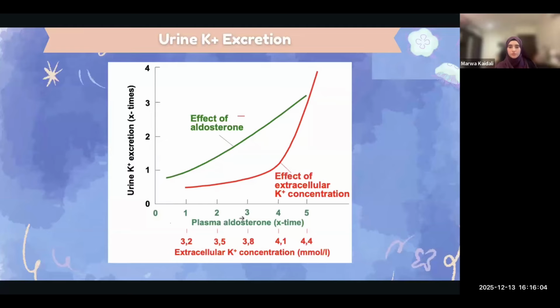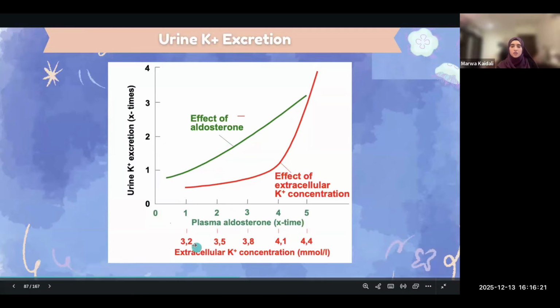The green curve over here is just showing the relationship between aldosterone and potassium secretion, which we have already talked about. We said that aldosterone is going to increase the potassium secretion, which is going to increase the excretion. Now, the red curve is the same thing as well. Look at the red text over here.